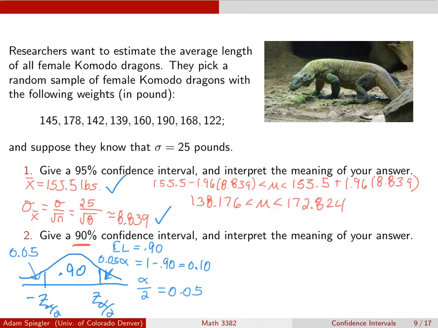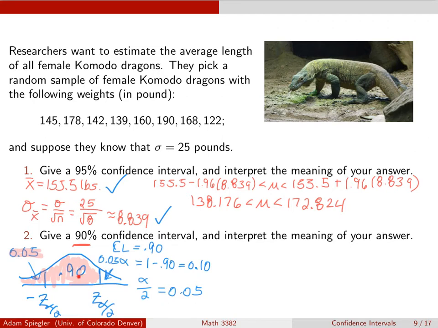So I could either use the standard normal distribution table to look up these values, or we can use the qnorm function in R. And so to use the qnorm function, we've got this normal distribution, and so to find z alpha over 2, we could say that the total area to the left of that is the 0.9 plus the 0.05.